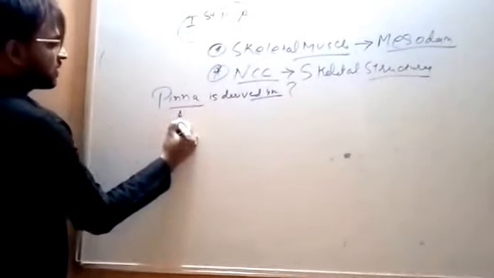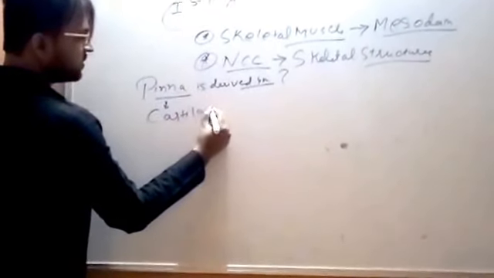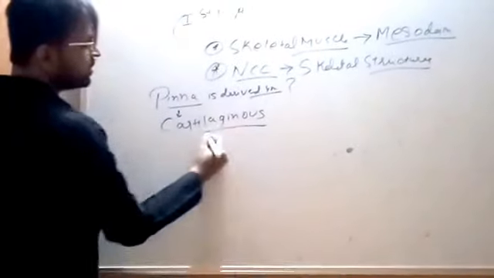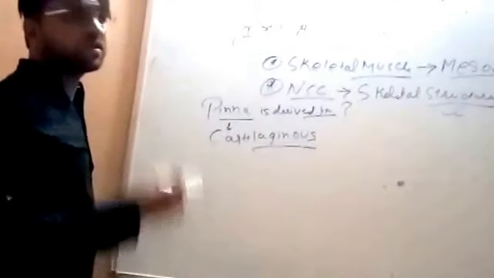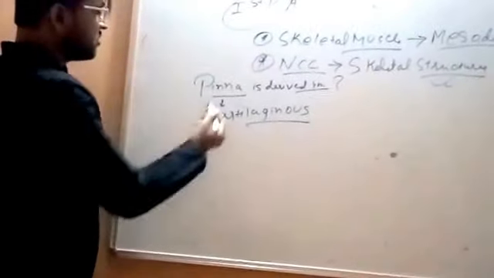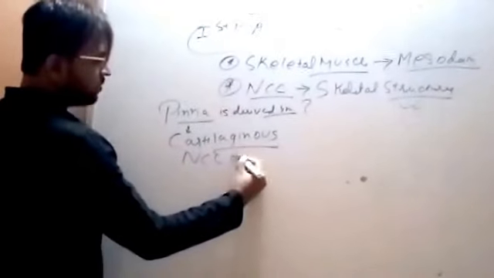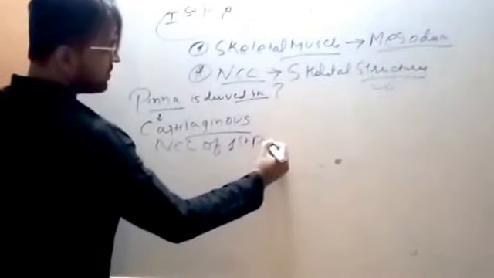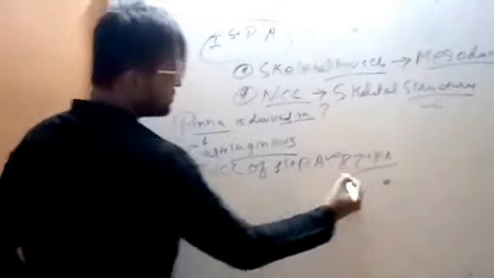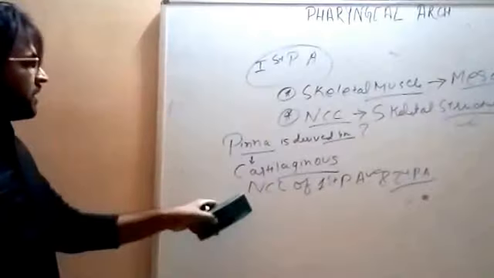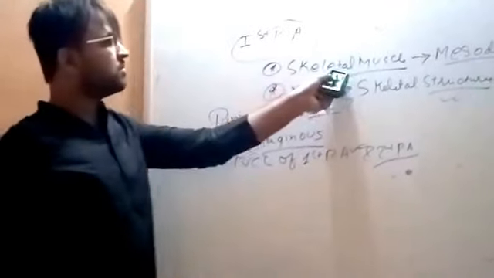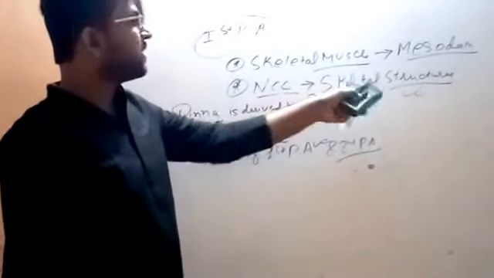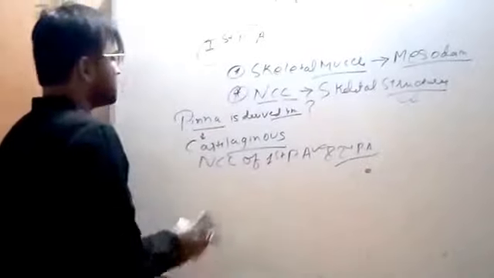Pinna is cartilaginous, and you see that neural crest cell gives rise to skeletal structure. So pinna is derived from neural crest cell of first pharyngeal arch and second pharyngeal arch. Here remember, not the mesoderm, neural crest cell, because mesoderm is for muscle. NCC, skeletal structure.